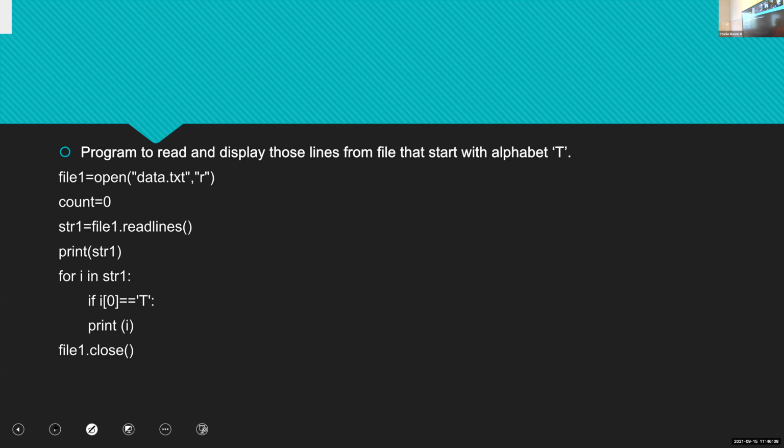Then only we can read something from that data text file. Before running this program, first you want to write something in this data.txt file. Then only we can read the lines from that txt file.